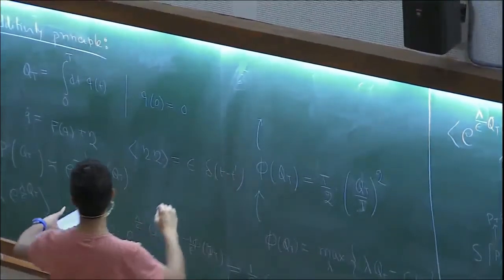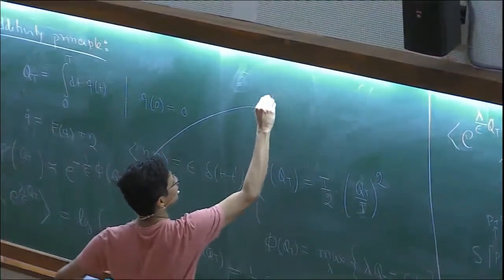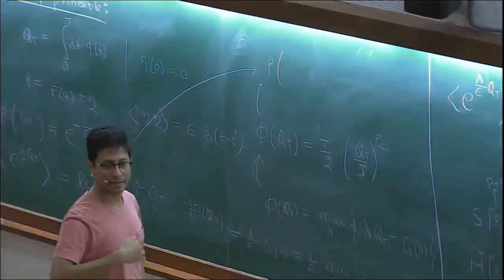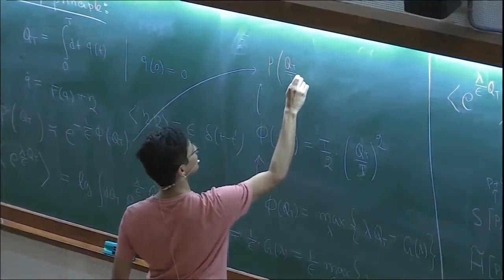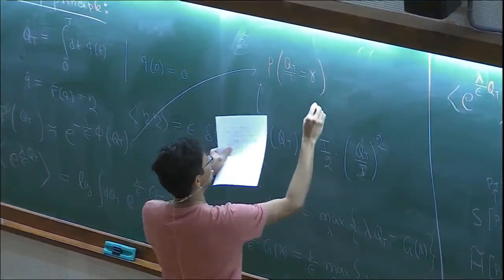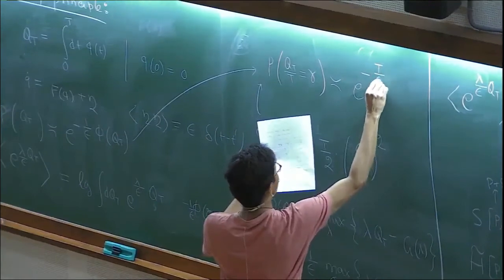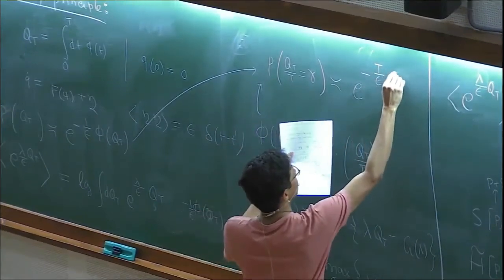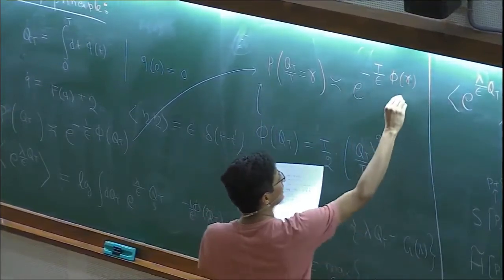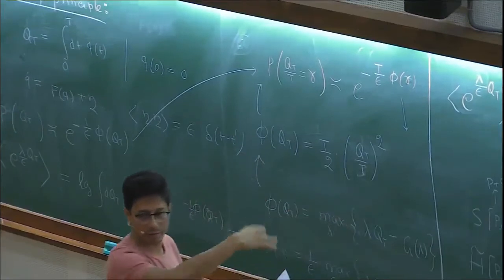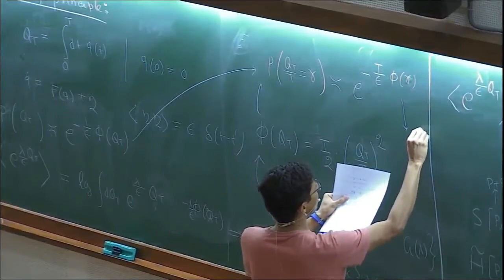Okay? So I'm just going to rewrite this large deviation form. If I'm looking at the problem at large capital T, I want to look at qt by t, call it r. This would go as e to the power minus t by epsilon phi of r, where for this harmonic potential well, it is simply r square by 2.